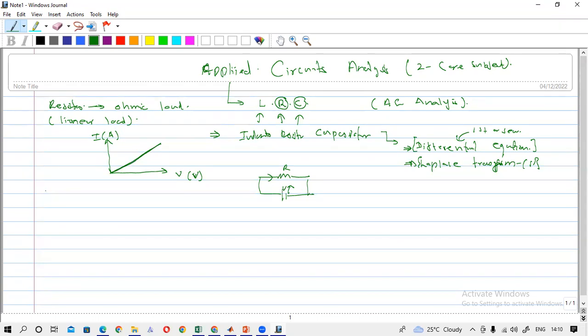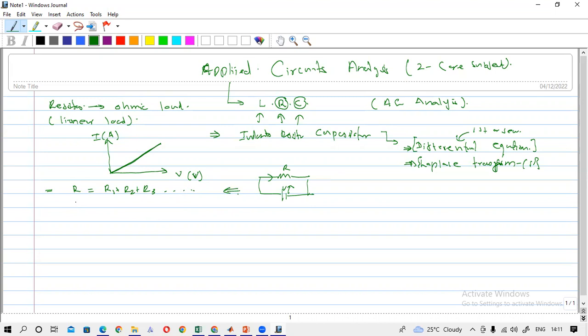I think you can remember that if we have several resistors in series, the resultant resistance is the sum of each resistor. I hope you can derive these things.